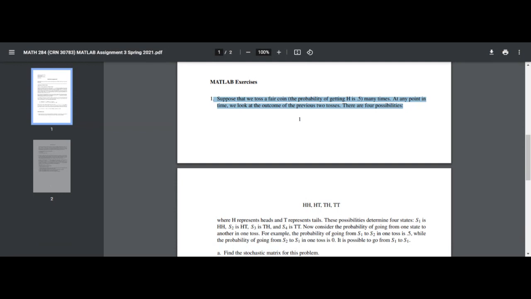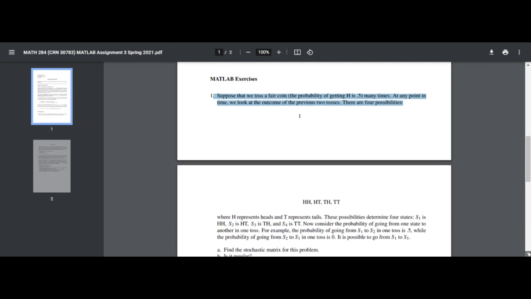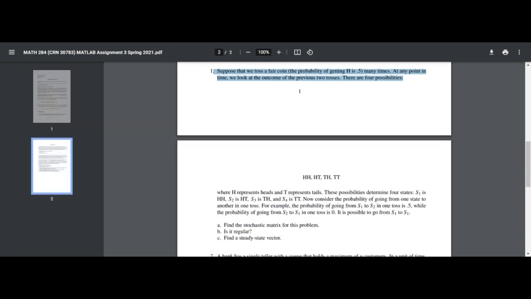So you see here, these are the possibilities. If you were to toss a coin twice, you could have a head followed by a head, an HH. You could have a head followed by a tail, an HT.